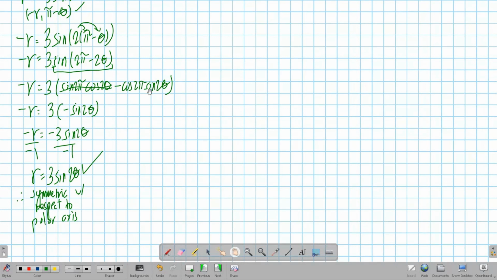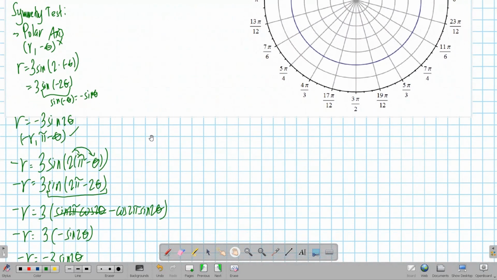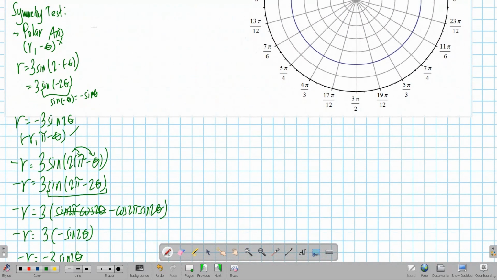Now let's check if this is symmetric with respect to the pi over 2 axis. To check that, we have negative r, negative theta. We'll enter the result of negative theta here. It's 3 sine of 2 times negative theta.